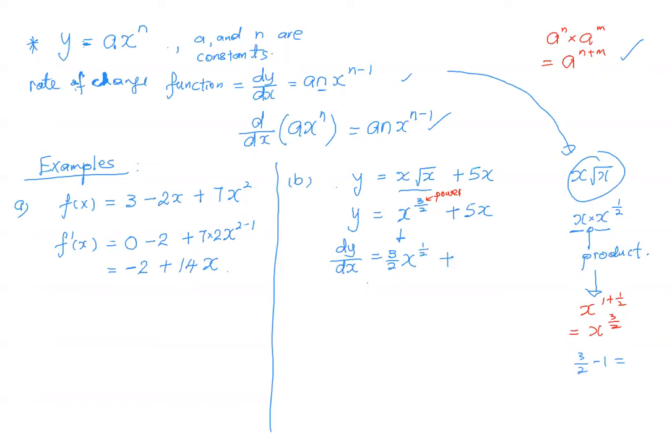Derivative for 5x. Rate of change of 5x. 5. Okay, you are right. Done.